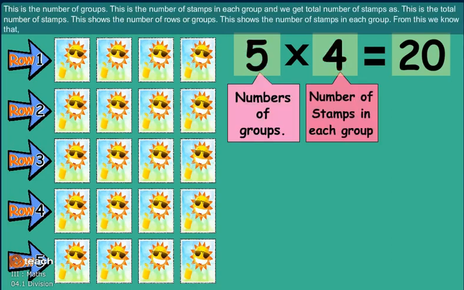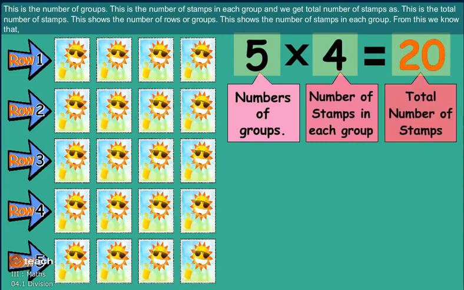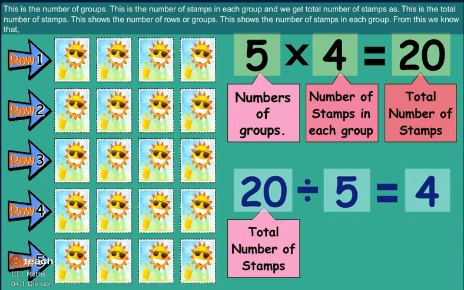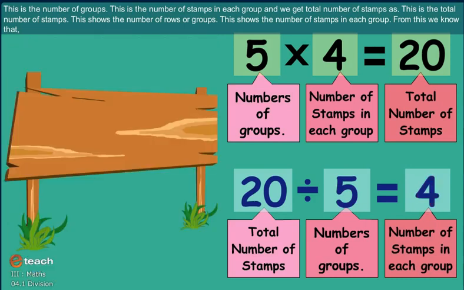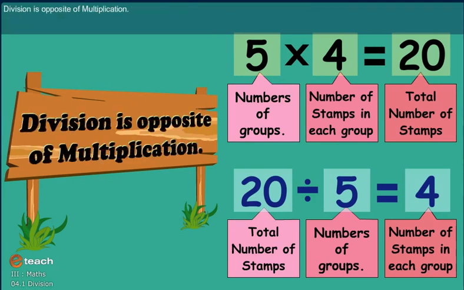This is the number of stamps in each group. And we get the total number of stamps. This is the total number of stamps. This shows the number of rows or groups. This shows the number of stamps in each group. From this, we know that division is the opposite of multiplication.